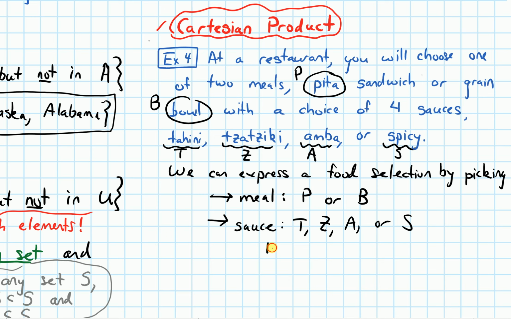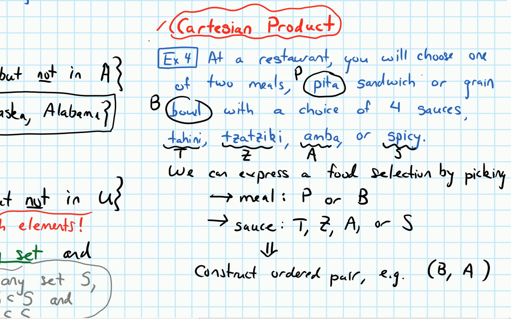So I need to choose both a meal and a sauce. So we are going to construct an ordered pair. So for example, we could pick B for the meal, and then maybe we pick A for the sauce.